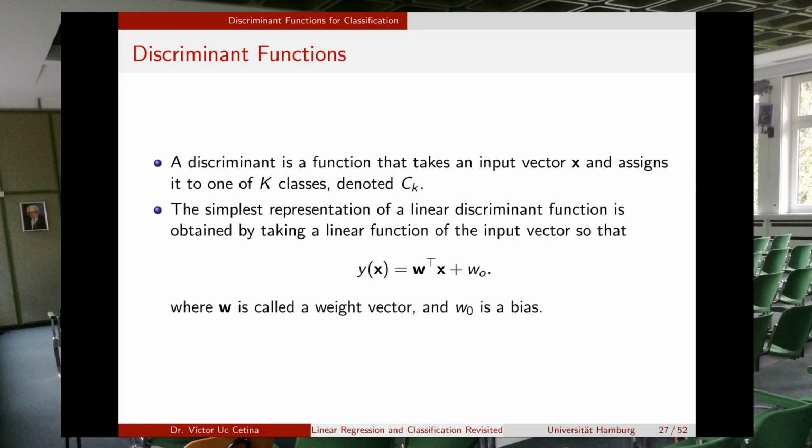The simplest representation of a linear discriminant function is obtained by taking a linear function of the input vector, as we have seen before. So this is a linear discriminant function given some input vector, where w are the parameters and w0 is the bias. We evaluate this expression and we will get a number. According to that number, we will classify our point.